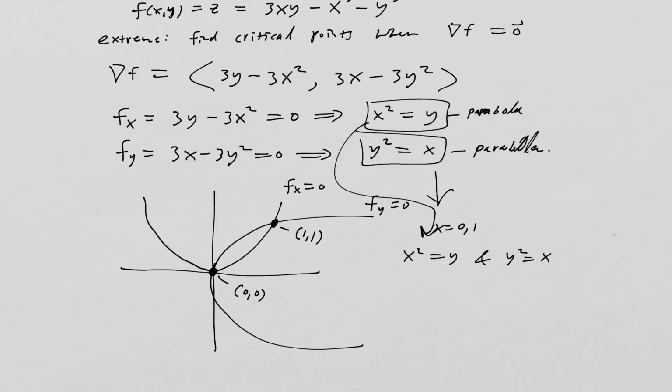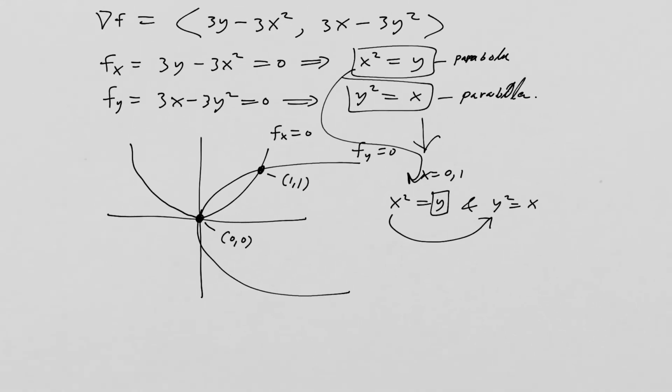So that means anywhere I see a y, I can put an x squared in its place. So what I'm going to get is x squared, quantity squared, is equal to x. All right, so that looks pretty good. So that, of course, is going to be x to the fourth is equal to x. All right, so there's only 2 points where that can occur.